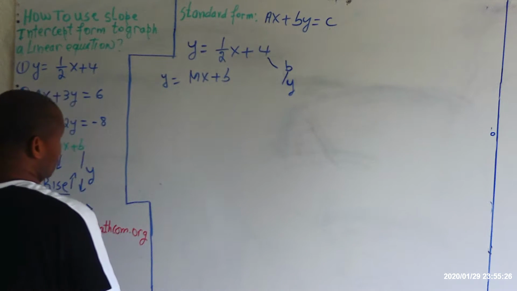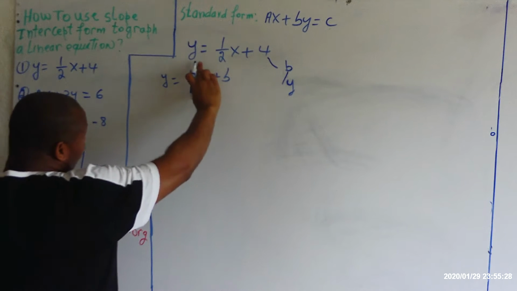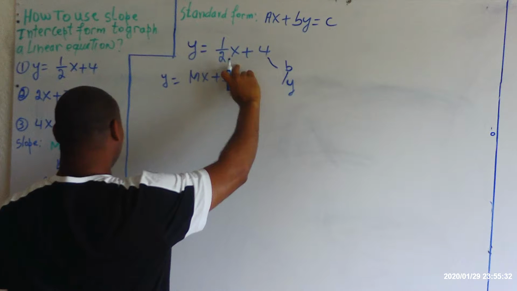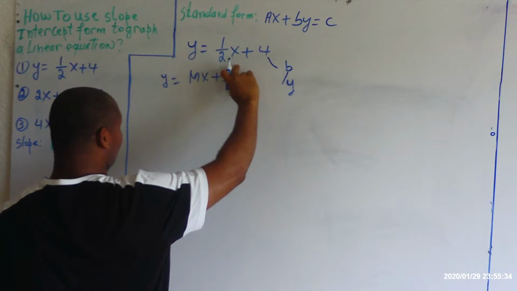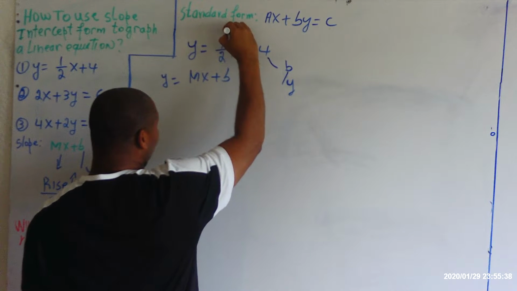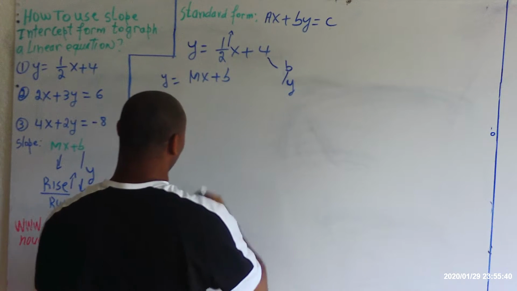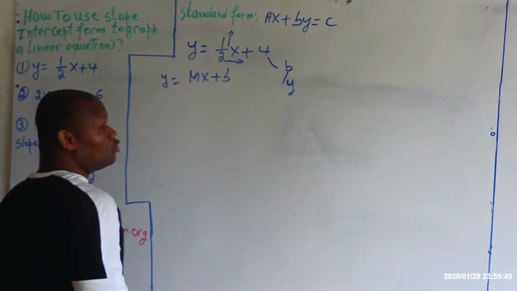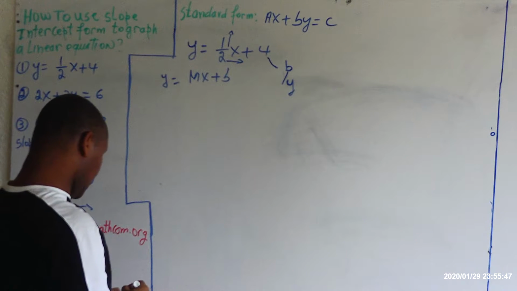Now we have mx. Remember, when we say mx, it's going to be y over 1. This is going to be 1 unit up, and to the right is going to be 2. That's all you have to remember.